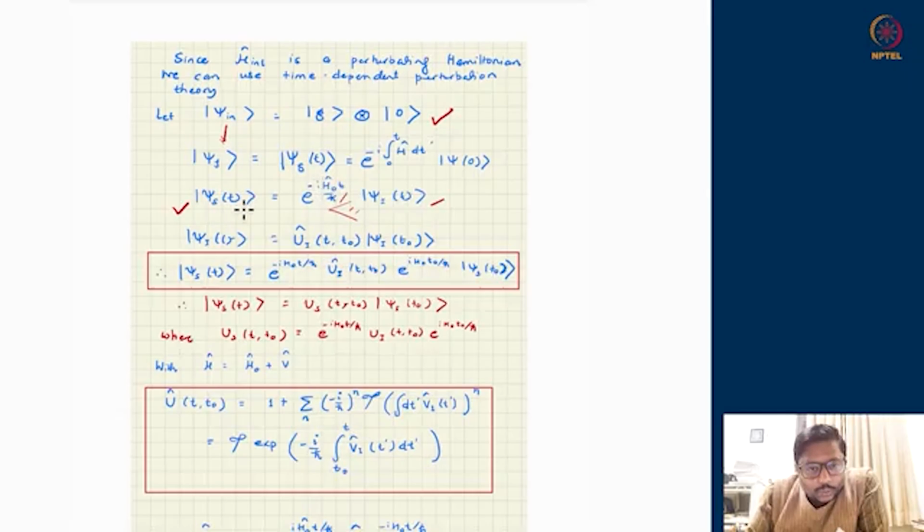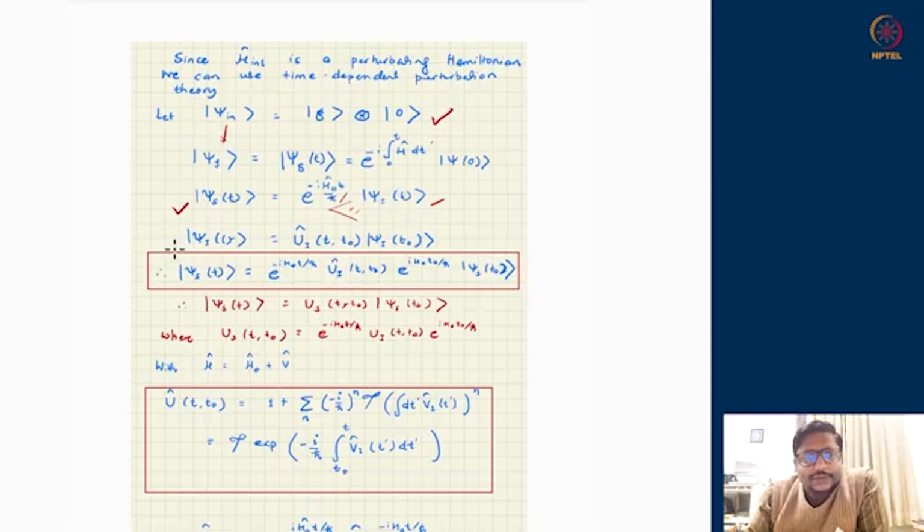So this total Schrodinger time evolved state can be obtained from the free, unperturbed Hamiltonian's action on psi I of t, the interaction picture time evolved version.